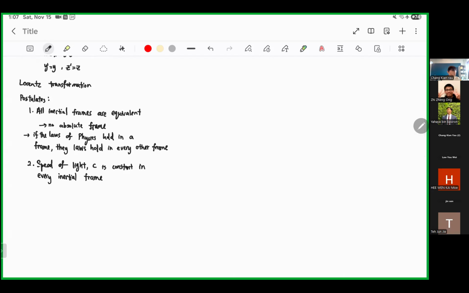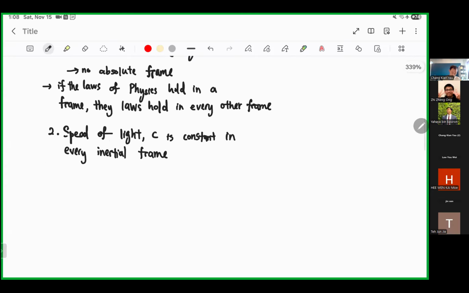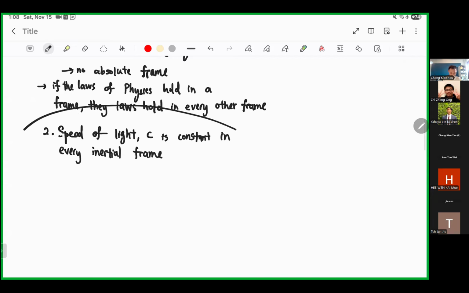And how people arrive at this weird, non-intuitive conclusion is that they did some thought experiments about the Earth, the Sun, and then the ether. You can look it up online. I think it's called something like Michelson-Morley experiment. Let me check, I don't want to pronounce their names wrongly.